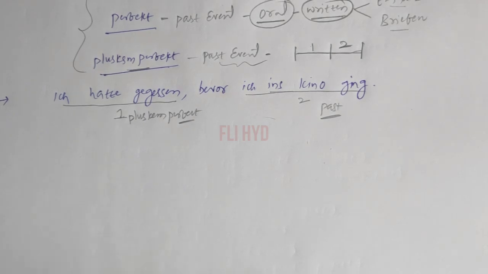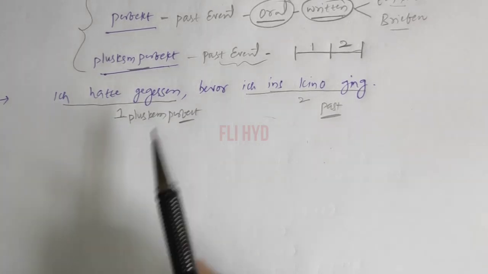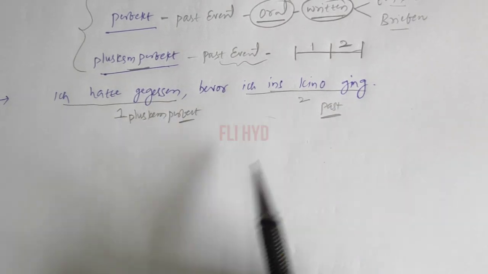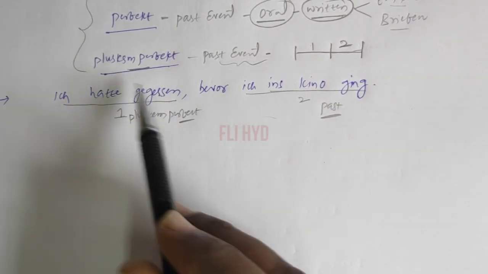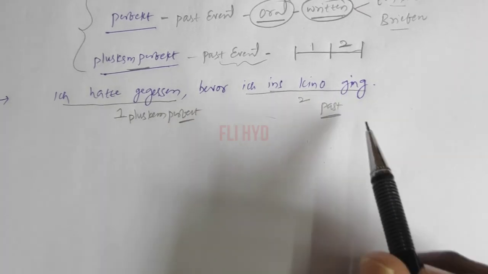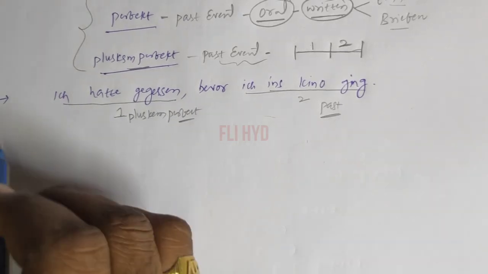Clear? So two actions happened in the past, one after another. First I had eaten, then I went to the cinema. Now we'll see one more example.